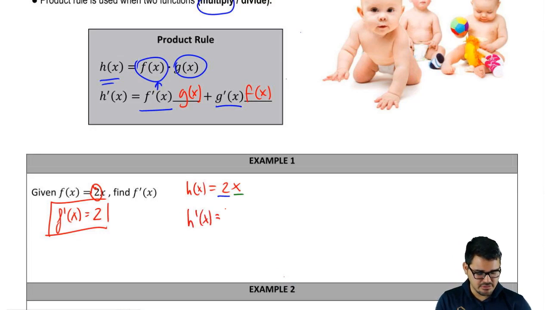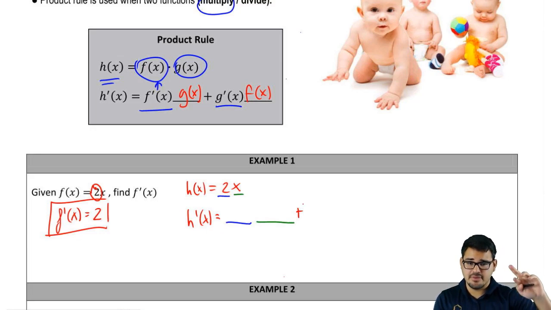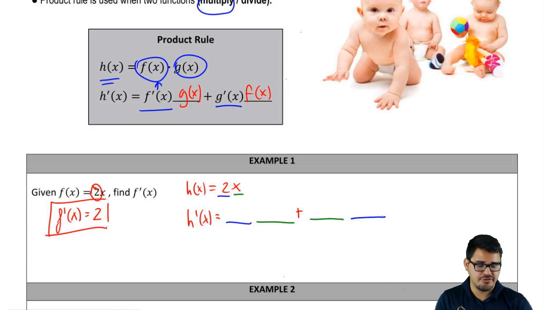H prime of x is going to be equal to the derivative of the first times the second plus, for product, multiplication goes with the plus, and we're going to now derive the second and just multiply by the first, right?